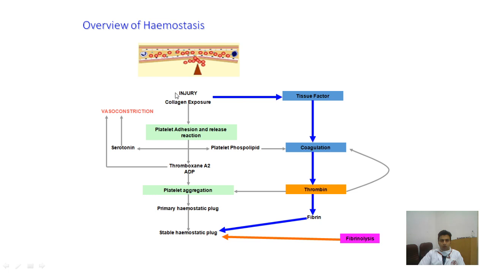This is again an overview of the same: injury, collagen exposure, platelet adhesion, and release reaction that leads to release of serotonin, platelet phospholipids, and thromboxane. Some of these factors mediate vasoconstriction, whereas others help trigger the coagulation cascade. There is formation of a platelet aggregation plug, which is then entangled in the fibrin mesh, leading to formation of a stable hemostatic plug.